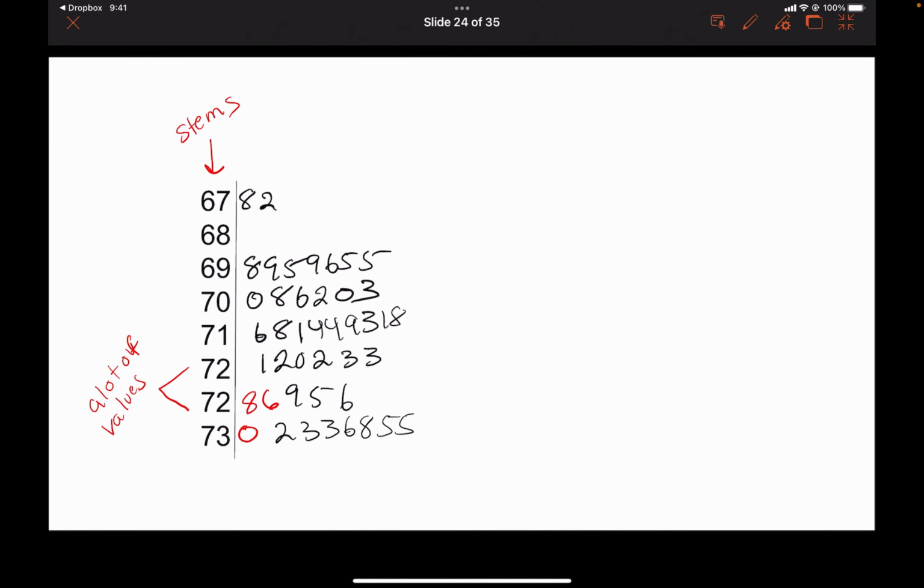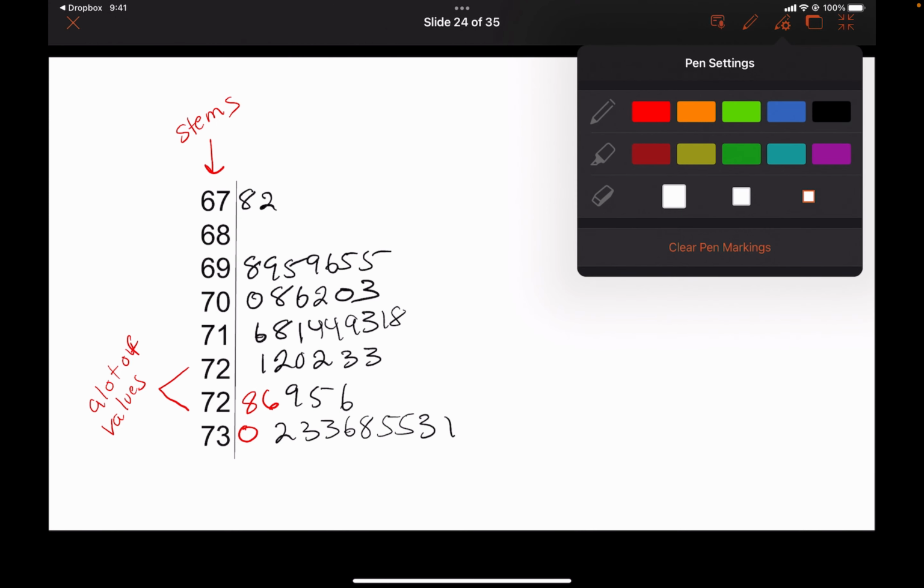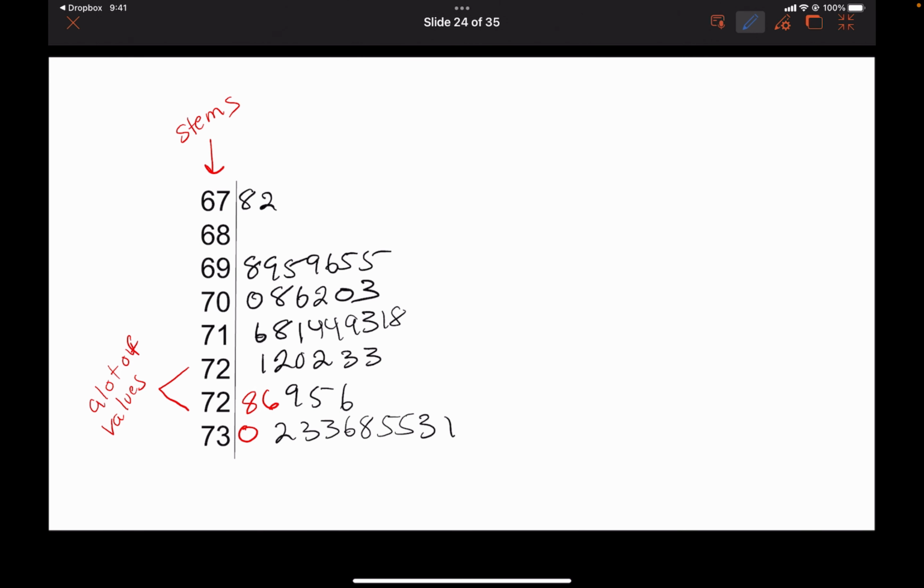Okay. I'm going to change my color, and I'm going to make the final stem and leaf plot over here. Once again, we have 67, 68, 69, 70, 71, 72, 72, and 73. So your final stem and leaf plot, I'm going to put another color just because it's fun.